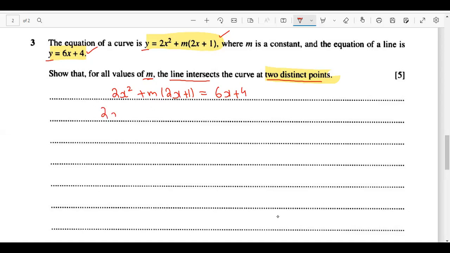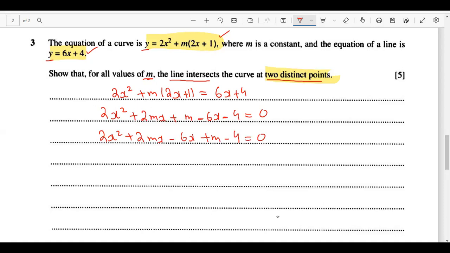So it would become 2x squared plus 2mx plus m minus 6x minus 4 equals 0. 2x squared plus 2mx minus 6x plus m minus 4 equals 0.